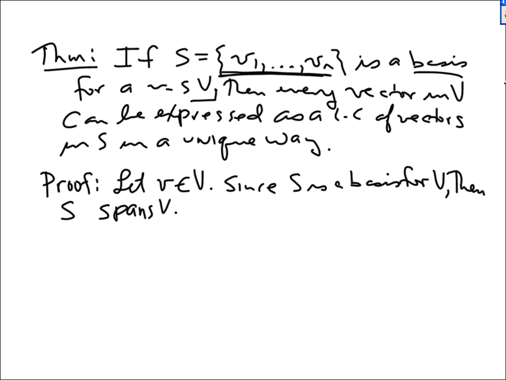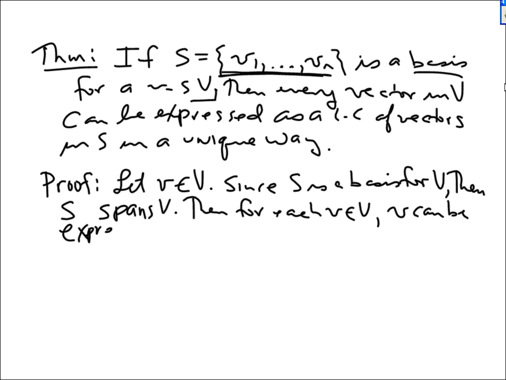S spans V. Okay. Now, then for each little v in V, v can be expressed as a linear combination of vectors in S.